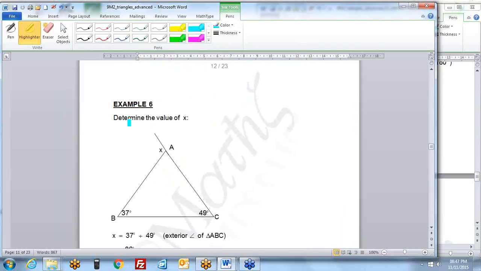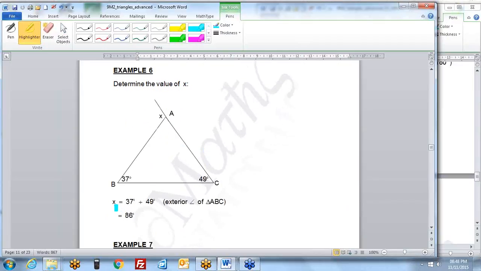Example 6. Determine the value of X. Right, so firstly, they give you 2 out of the 3 angles, and they want you to determine the value for X. So firstly, we'll say X equals, and remember this is the outer angle, the exterior angle.